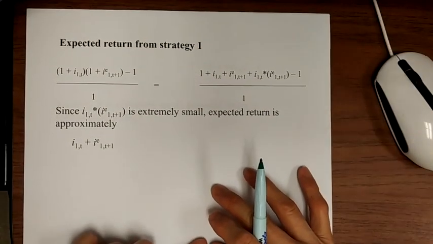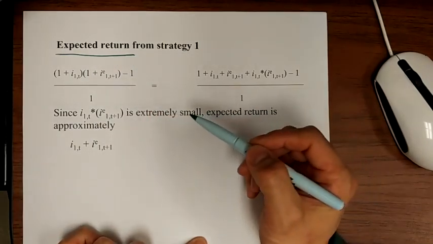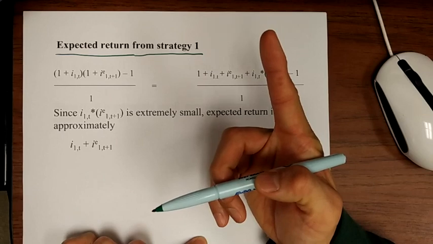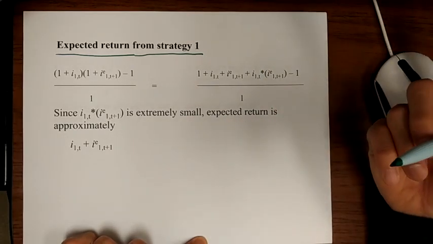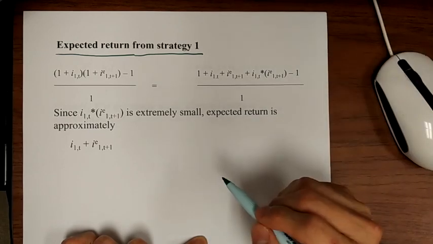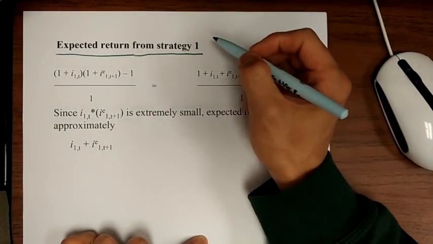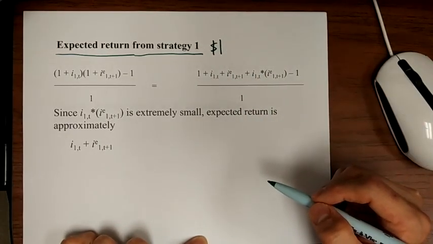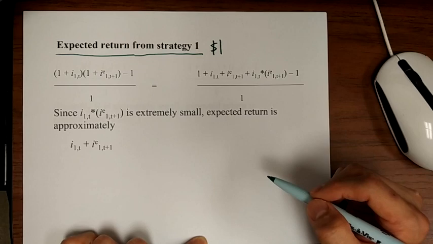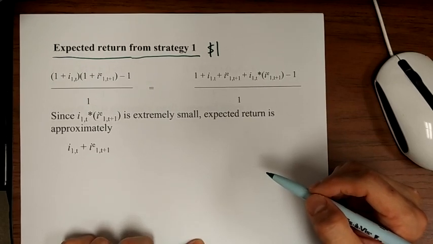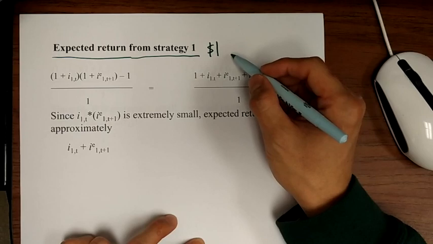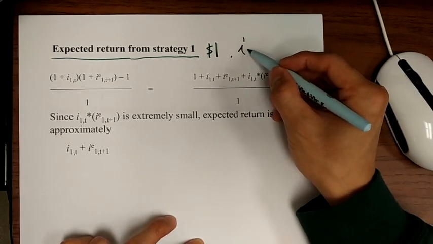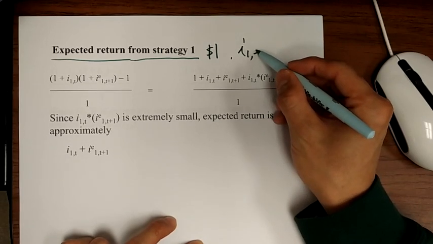Now, let's look at the expected return from strategy number 1, that is, buy a 1-year bond today and then buy another 1-year bond next year. So when you buy a 1-year bond, if you invest $1, what is the interest rate of that 1-year bond? The answer is, it is the 1-year bond interest rate that is issued today.